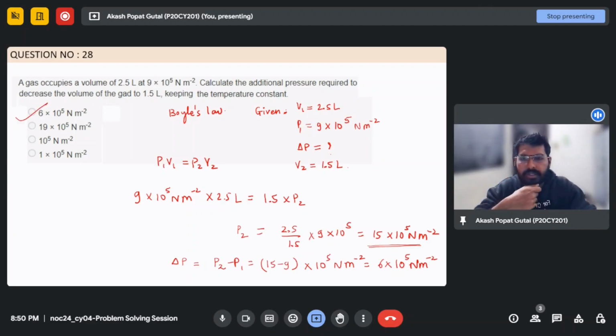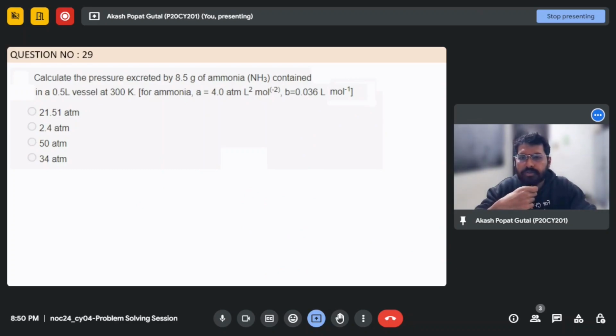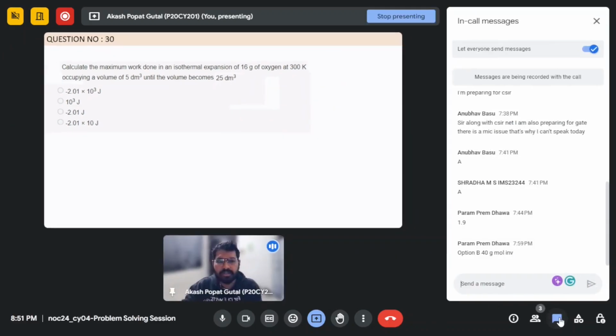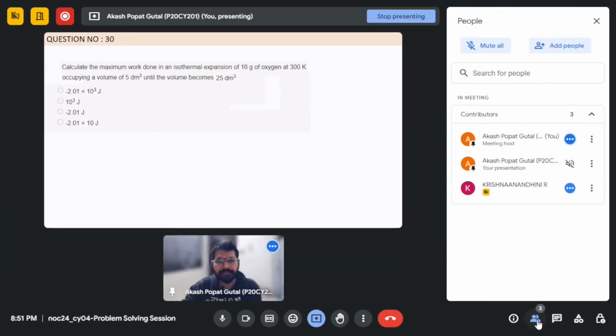We only have 10 minutes, so we can do one short question. Question number 30 we can do. Calculate the maximum work done in the isothermal expansion of 16 gram of oxygen at 300 Kelvin, occupying a volume of 5 dm cube until the volume becomes 25 dm cube. So we need to calculate the maximum work done during the isothermal process.